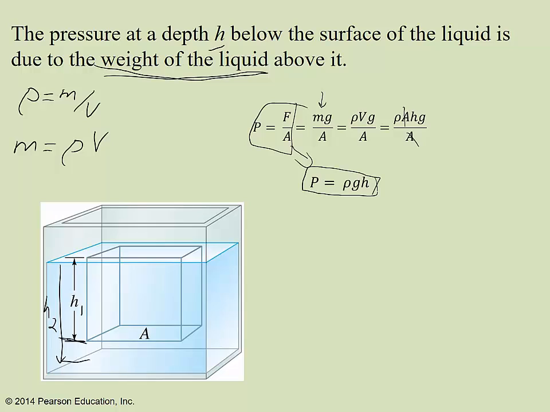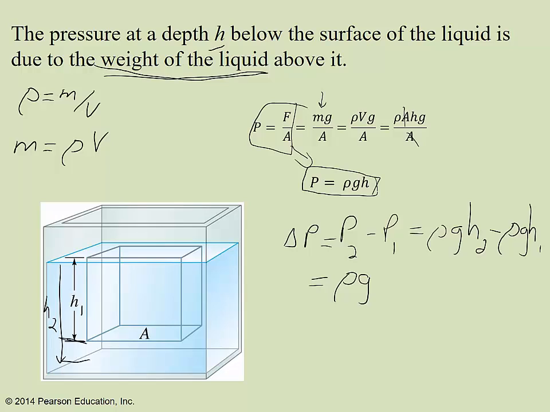Then the delta pressure, the change in pressure, is going to be pressure at depth 2 minus the pressure at depth 1, which we know then is rho g h2 minus rho g h1, which, as we said, only works if the densities don't change with height.